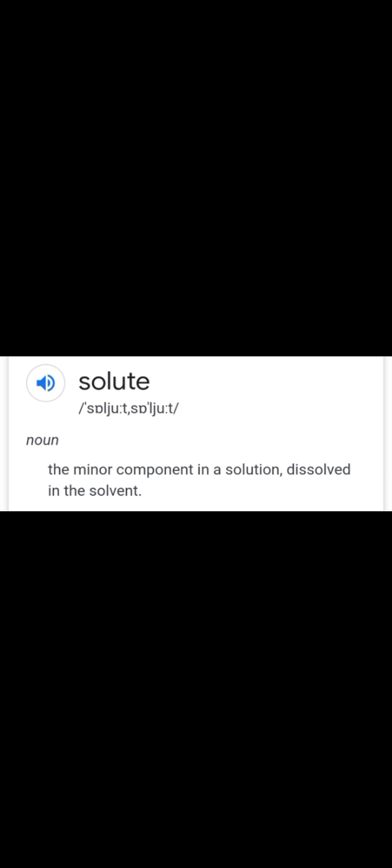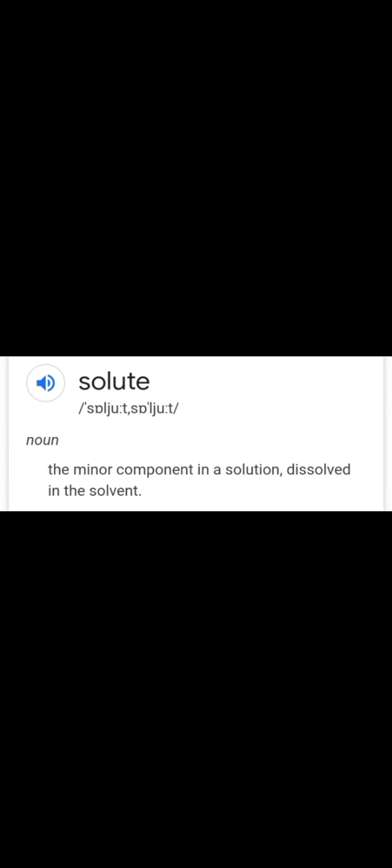In a beaker, we have solute and solvent. The solute is the yellow balls because they are in small quantity, and the solvent is more, that is the blue part. What is solute? Solute is always in less quantity. So the minor component in a solution dissolved in the solvent is the solute.